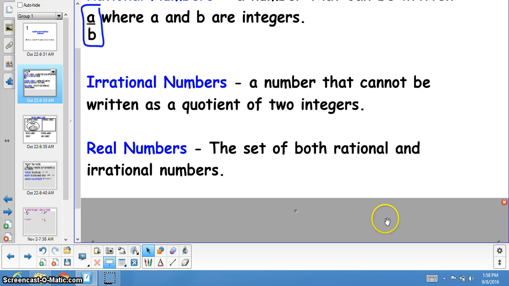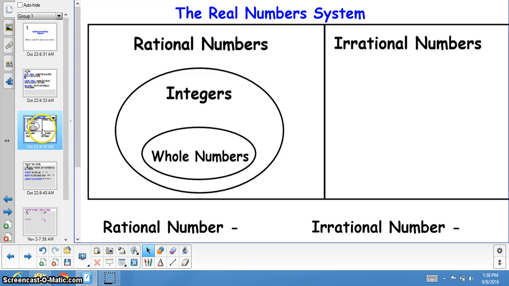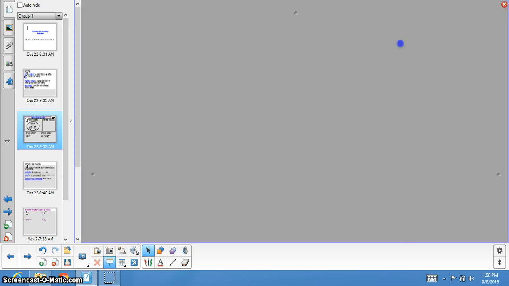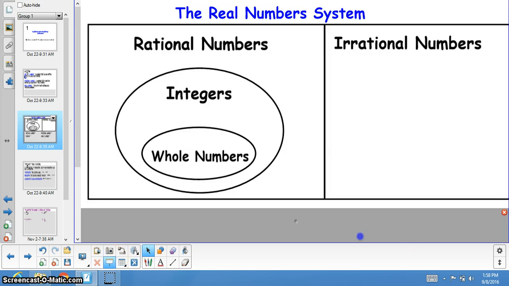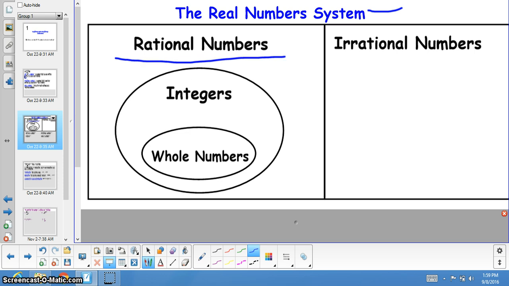So to take the vocabulary, let's look at it in this way. Real numbers are all rational and irrational numbers. So it's here at the top, real numbers. Then you can break down rational numbers into two categories.